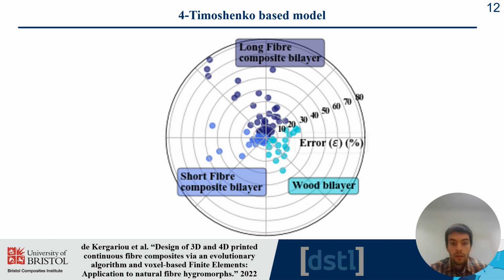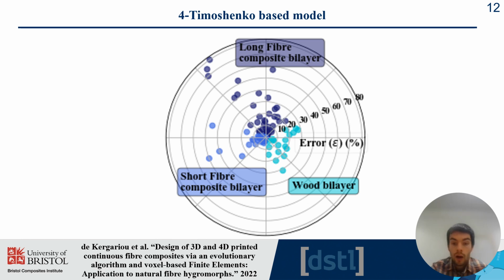This graph presents all the uses of the Timoshenko equation in 4D printing that we could find in the literature, and this graph represents the errors between the equations and the tests that have been conducted in real life. This shows that most errors are fairly small, and this wide use of the equation shows that people trust it a lot in terms of predicting simple deformation for simple geometries.